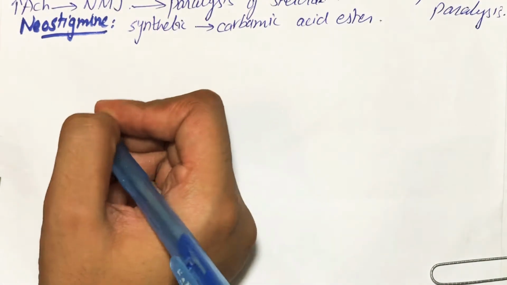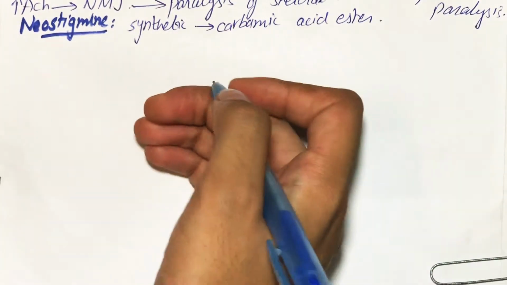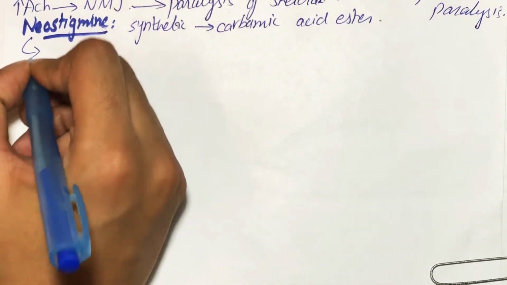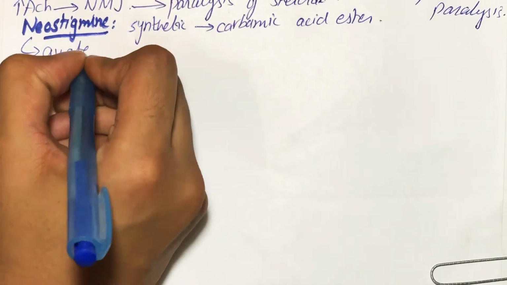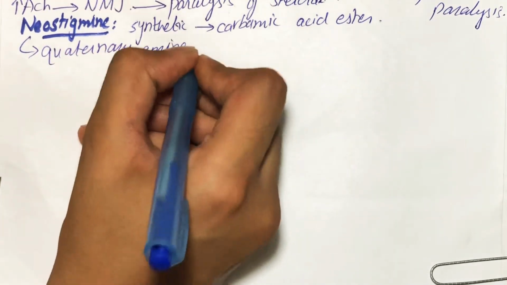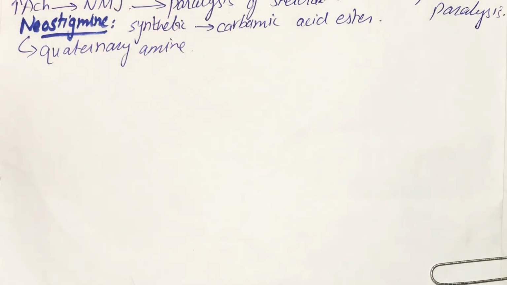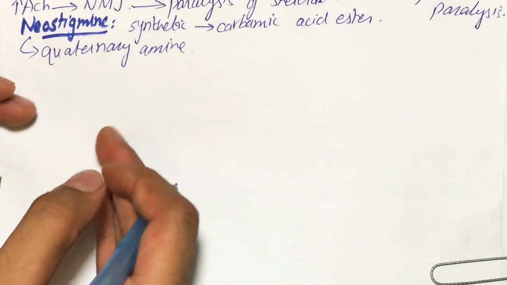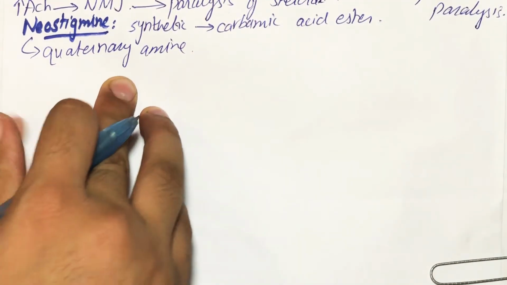So if we talk about the actions of Neostigmine in detail, first of all, Neostigmine is a quaternary amine, and quaternary means that nitrogen present in its structure is further attached with 4 atoms. So it is unlike Physostigmine, which was a tertiary amine.